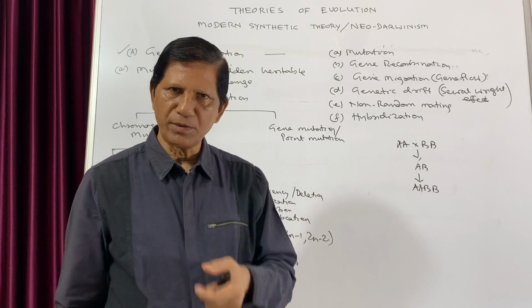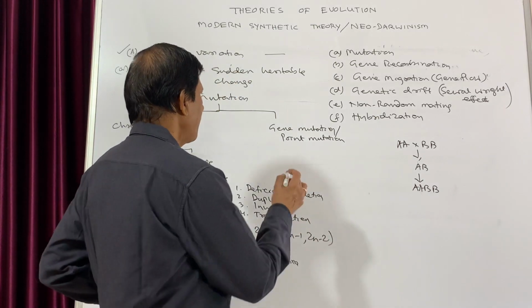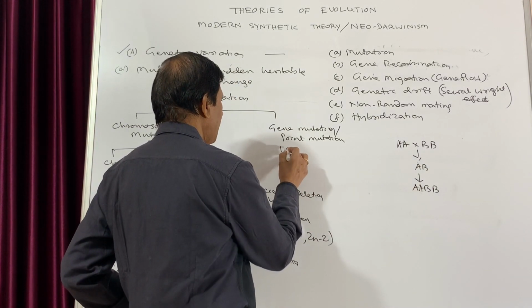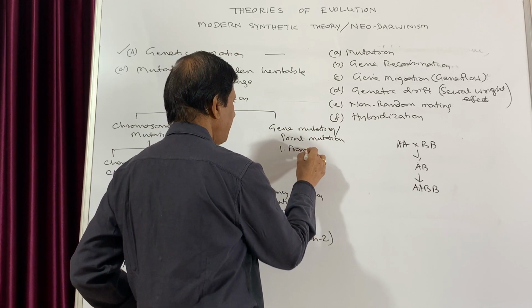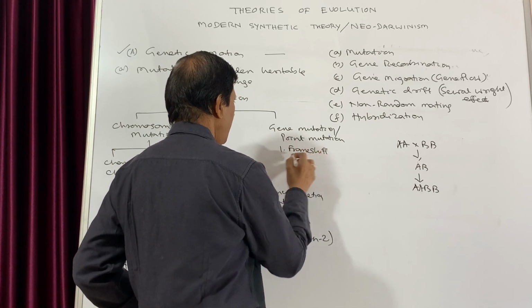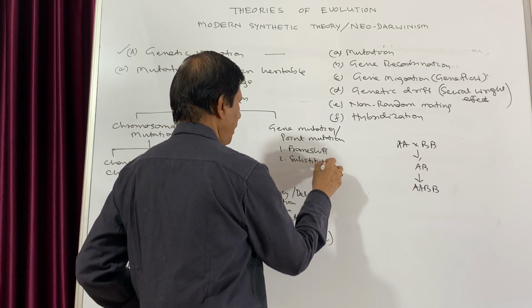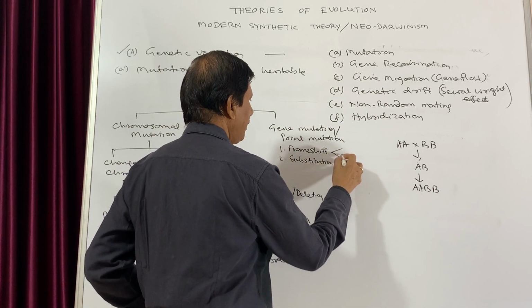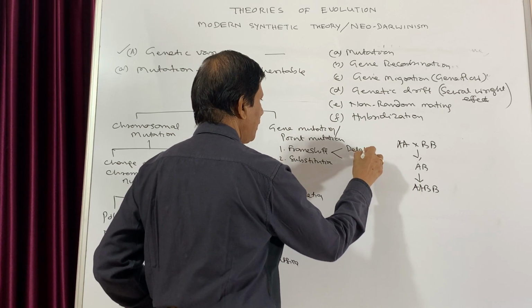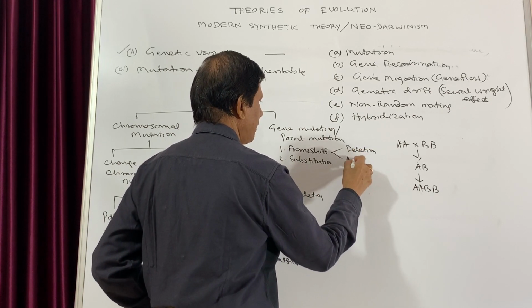So there is no question of repeating here, but briefly I am telling that gene mutation can be due to frame shift mutation and substitution mutation. And the frame shift mutation may be due to deletion or due to addition.